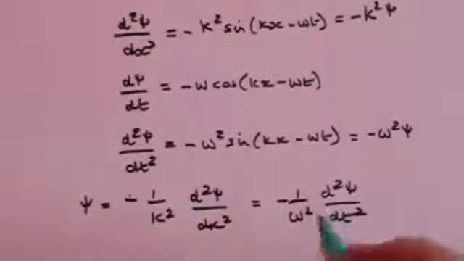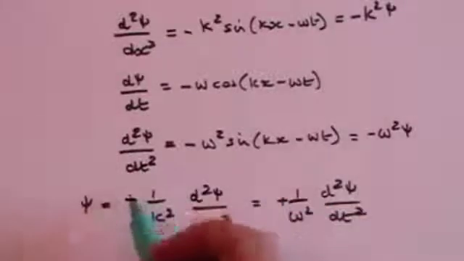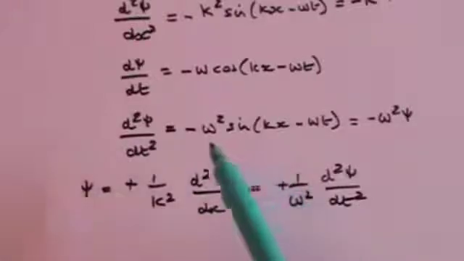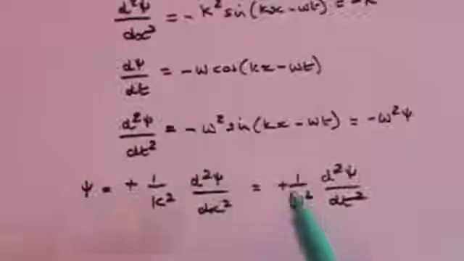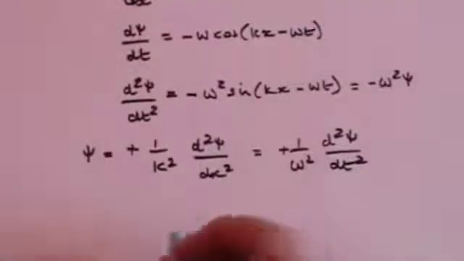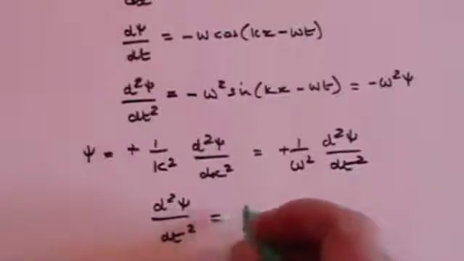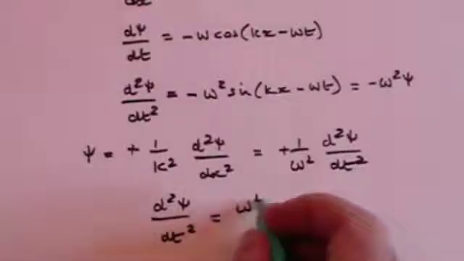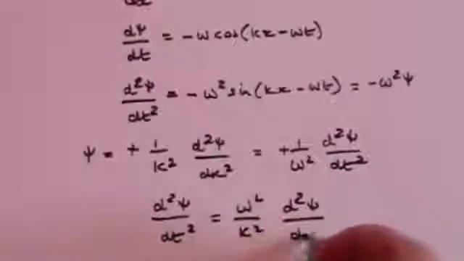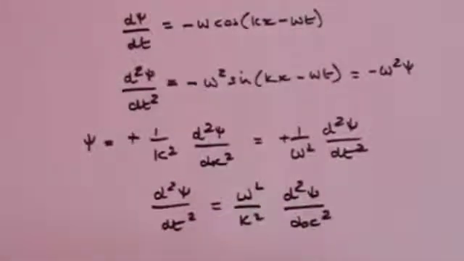Well, obviously the two minus signs on either side of the equation cancel, so we can forget about those. And if we bring the omega squared to this side, in other words multiply both sides by omega squared, you get that d2 psi by dt squared is equal to omega squared over k squared times d2 psi by dx squared.